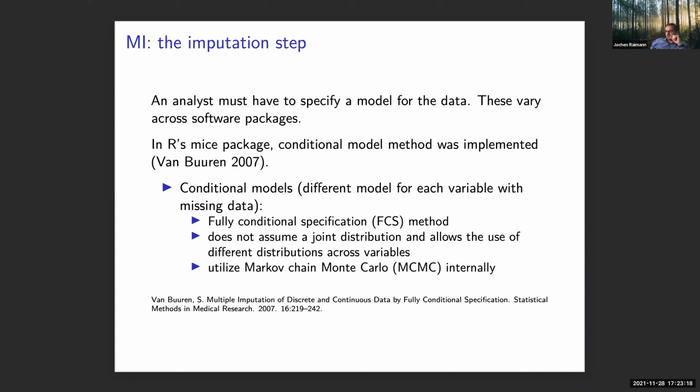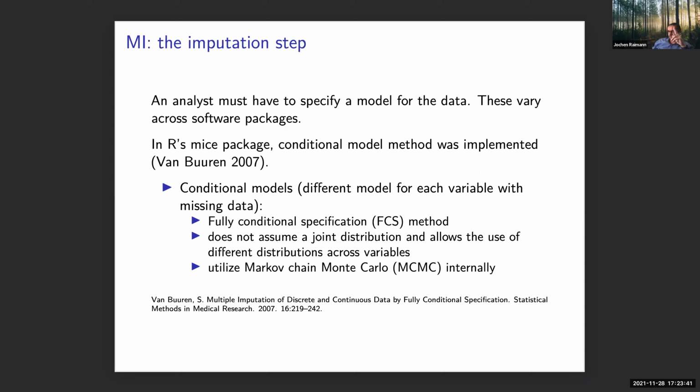So these conditional models you will adapt concerning the variable you actually analyze. So you can have a fully conditional specification method, which basically uses all models and all interactions in your data, all your associations.